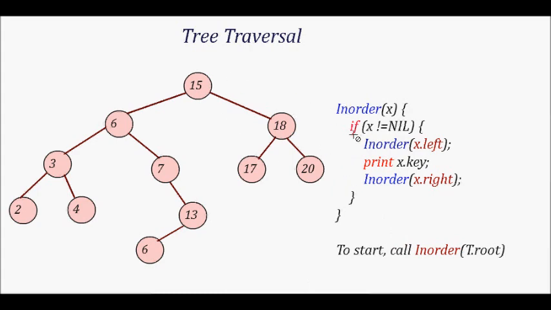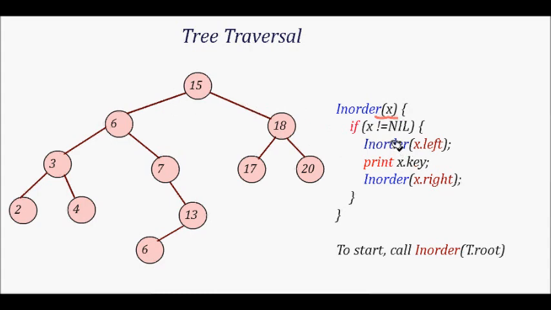To start with this code, we will call in-order with tree.root. I will pass the argument, the node of the root of this tree, so this 15. Then we will see how this code works. It takes an argument x, which is a node, and if x is null, we just return.